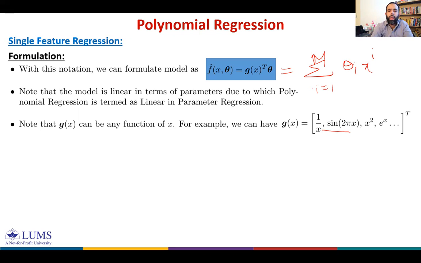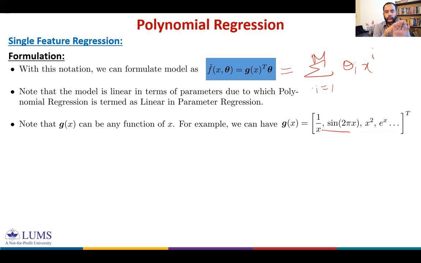So what's happening? The relationship between input and, for example, 1, x, x squared, I have taken these polynomial relationships out of the model, and I have defined a vector valued function. So this is kind of feature engineering.